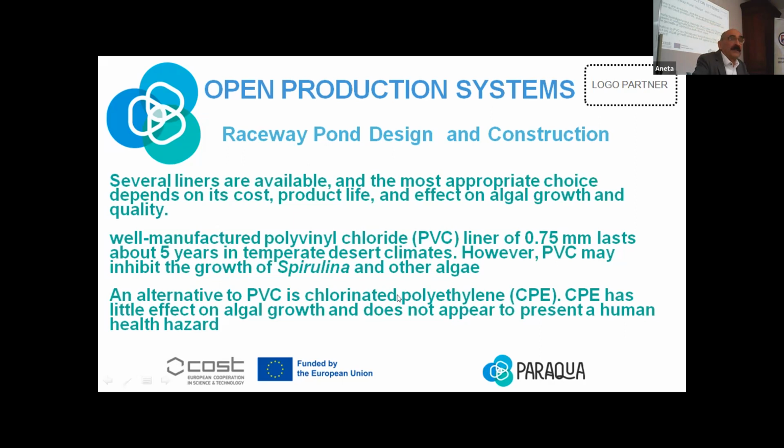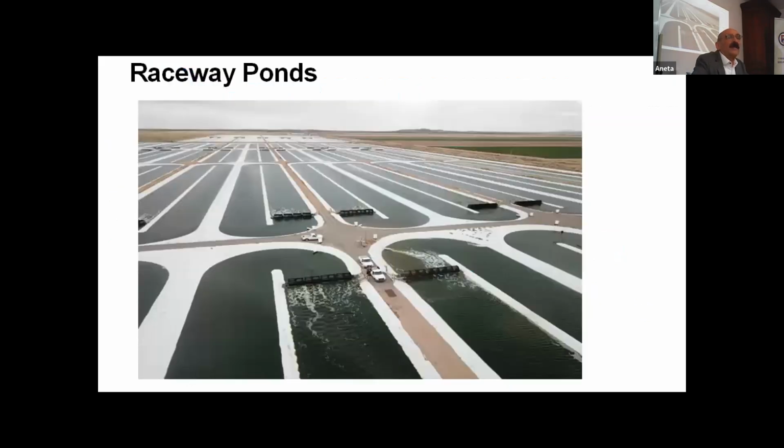An alternative to PVC is chlorinated polyethylene, which is safe for human health, but I think one or two species of algae don't grow well in it. And these are these raceways. This is widely used now in open system production of algae.